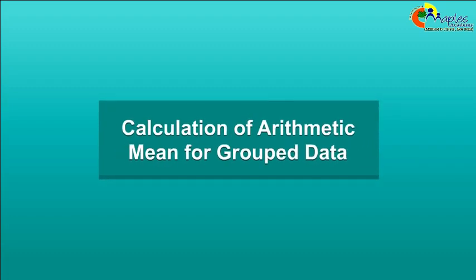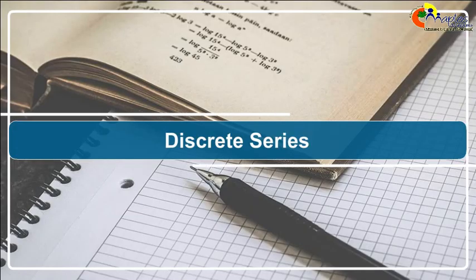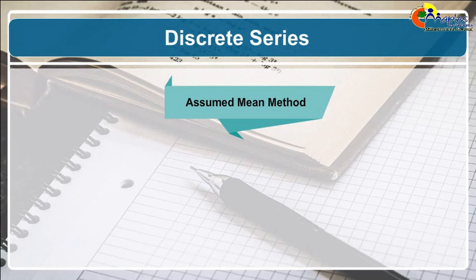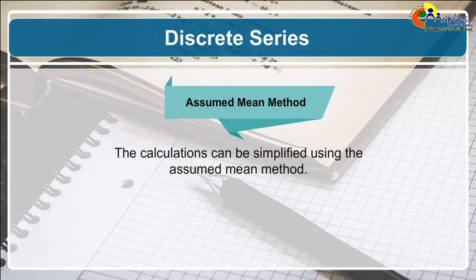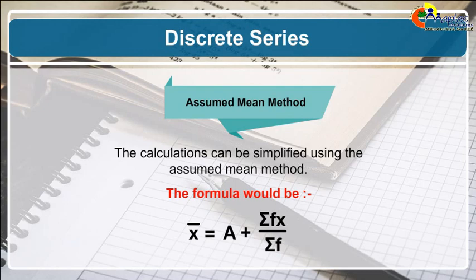Calculation of arithmetic mean for grouped data. Discrete series. Assumed mean method. The calculations can be simplified using the assumed mean method. The formula would be x bar = A + Σfd/Σf.